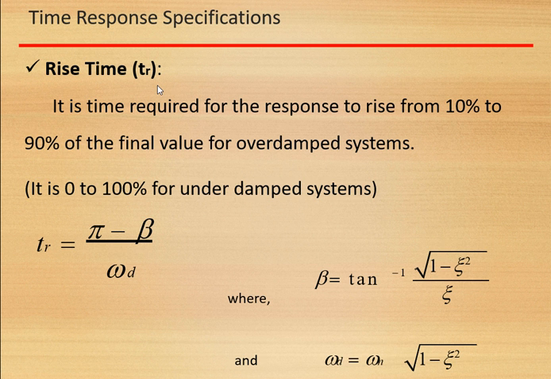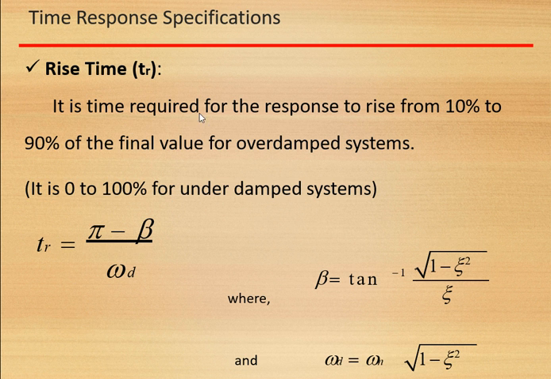So rise time is given by TR. It is basically the time required for the response to rise from 10% to 90% of a final value for an overdamped system. But if you consider the underdamped system, then it is the time required from 0 to 100%.